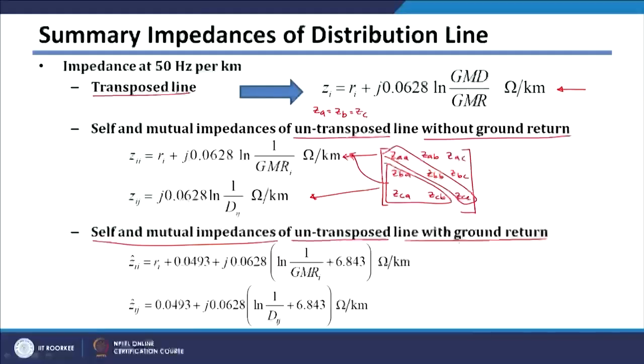If there is ground return current present, your expression for self impedance is given by this, which is in ohms per kilometer, where the distances GMRi and Dij are taken in meters, and this is your expression for mutual impedance.